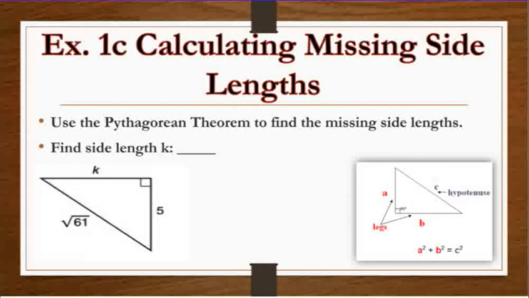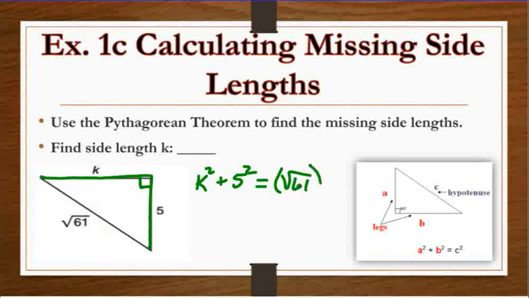Next one, use the Pythagorean theorem to find the missing side length here. So we need to find out what K is. K is one of our legs because it forms the right angle. So we have K squared plus our other leg, which is 5 squared, has to equal the square root of 61 squared.